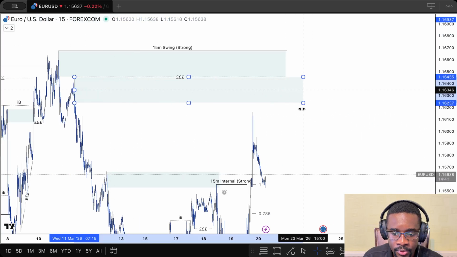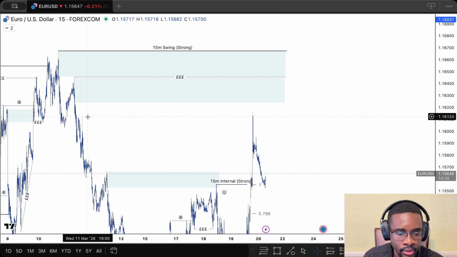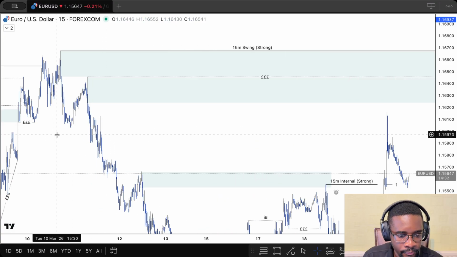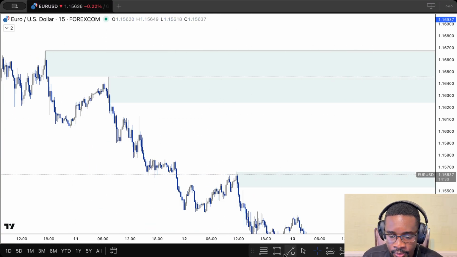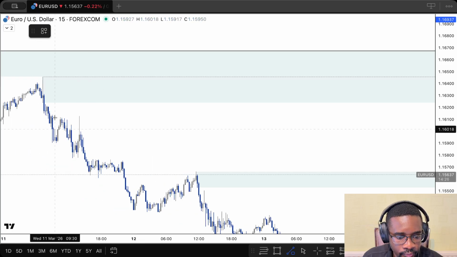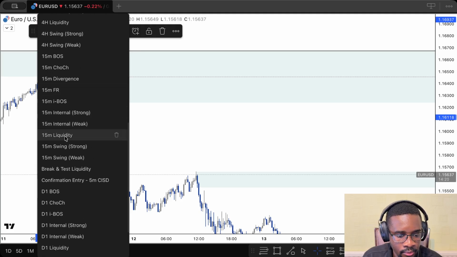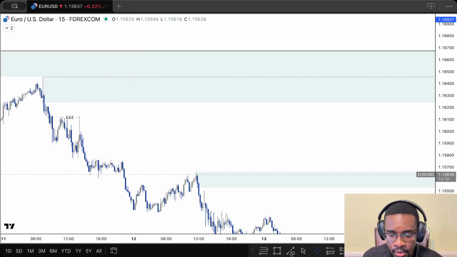So price hasn't reached up to any of those areas, but what has happened right now is that price swept these areas. Okay, so 15M, Trinity.